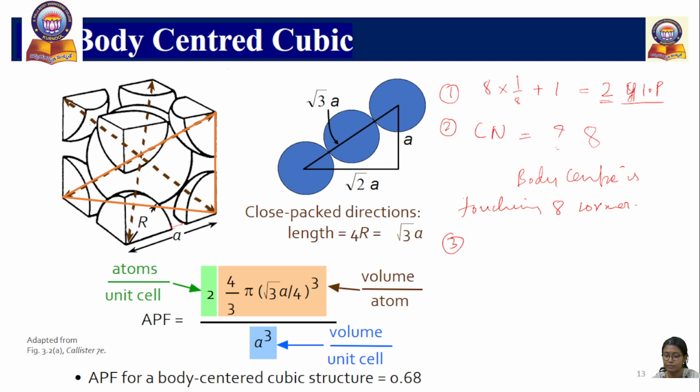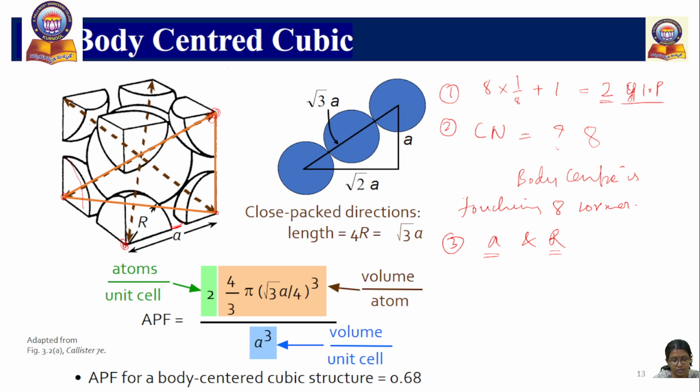Next is the relation between a and r. a is the lattice parameter. r is the radius. Now you can see, if we go from this corner to this corner, there is a gap. If we go via the face diagonal, cutting through the face, then also the atoms are not touching. But if we go via the body diagonal, meaning passing from one corner to the other corner through the inside of the unit cell, then it is touching the lattice points.